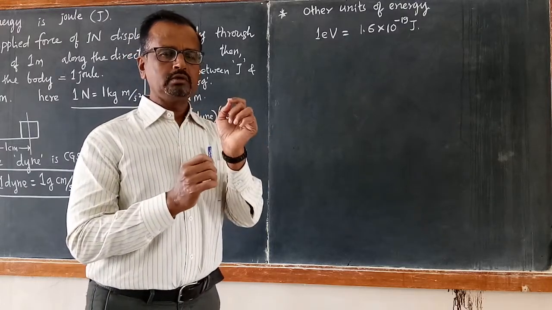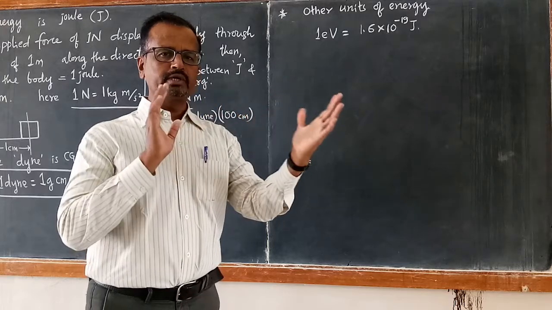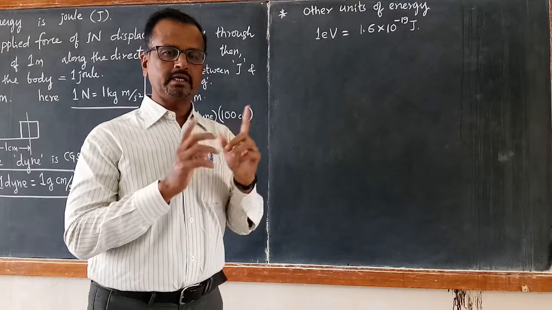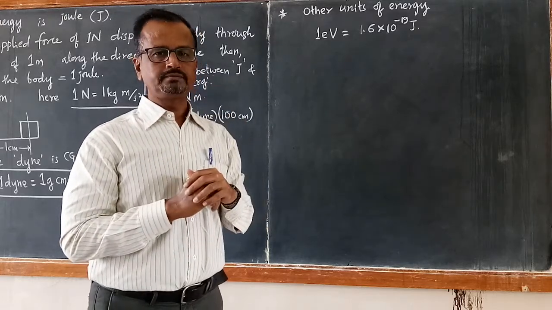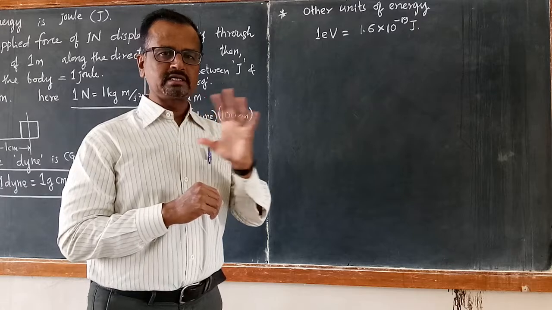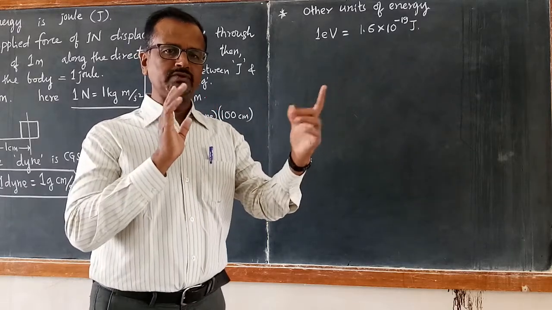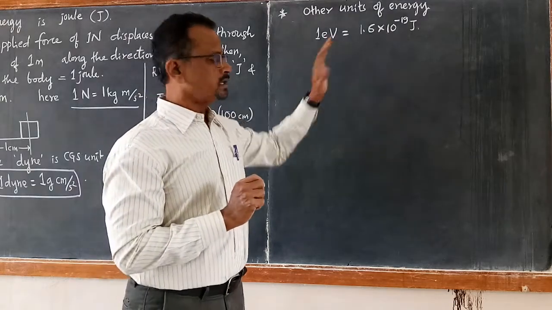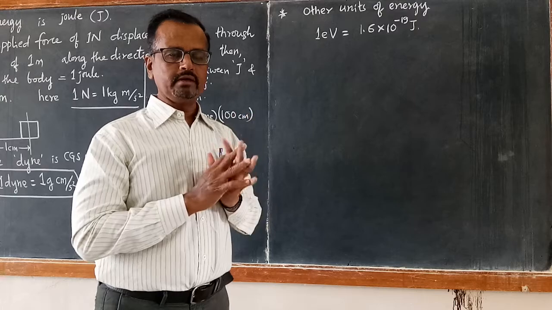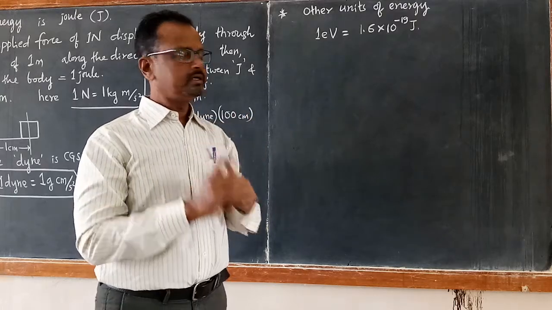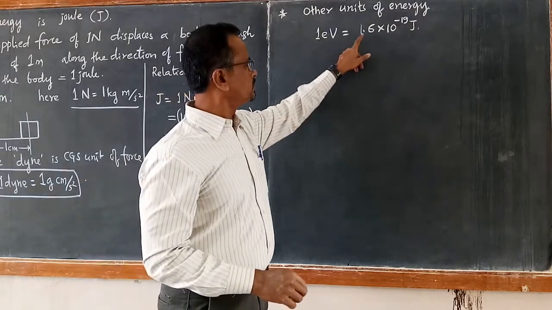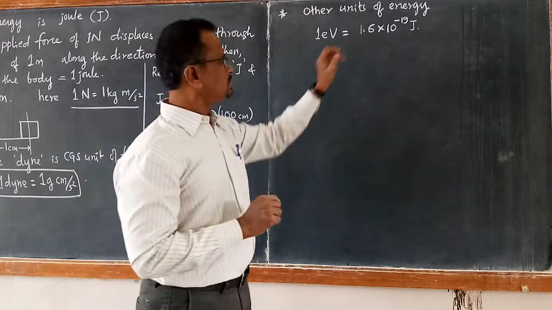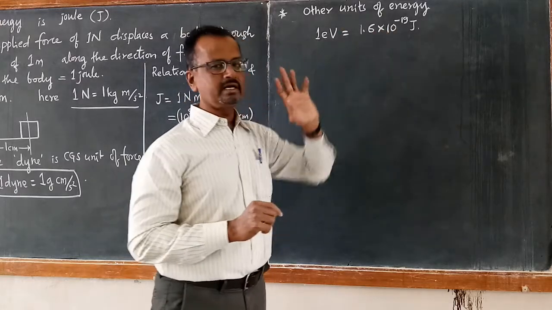If an electron is accelerated by a potential difference of 1 volt, then the energy possessed by the electron is 1 electron volt, that is equal to the charge of an electron multiplied by 1 volt, 1.6 into 10 to the power of minus 19 joule.